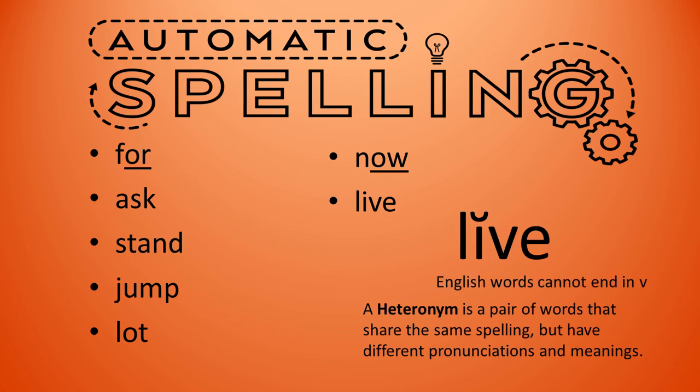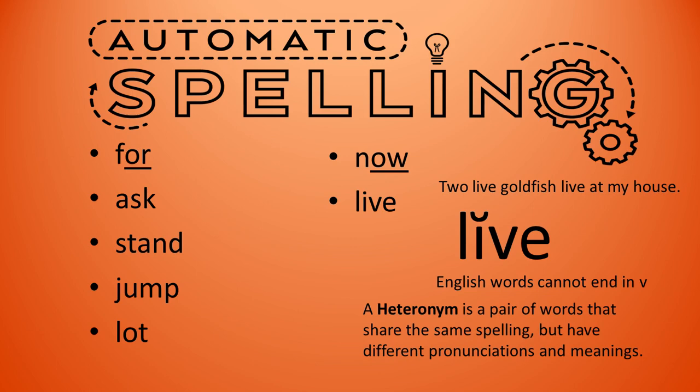And this says English words cannot end in V. Do you remember that rule? English words do not end in I, U, V, or J. So we have the E there, but it's not making the I say I. It's still saying its short sound. Okay. And just for fun, here's a sentence with both pronunciations. 2 live goldfish live at my house.